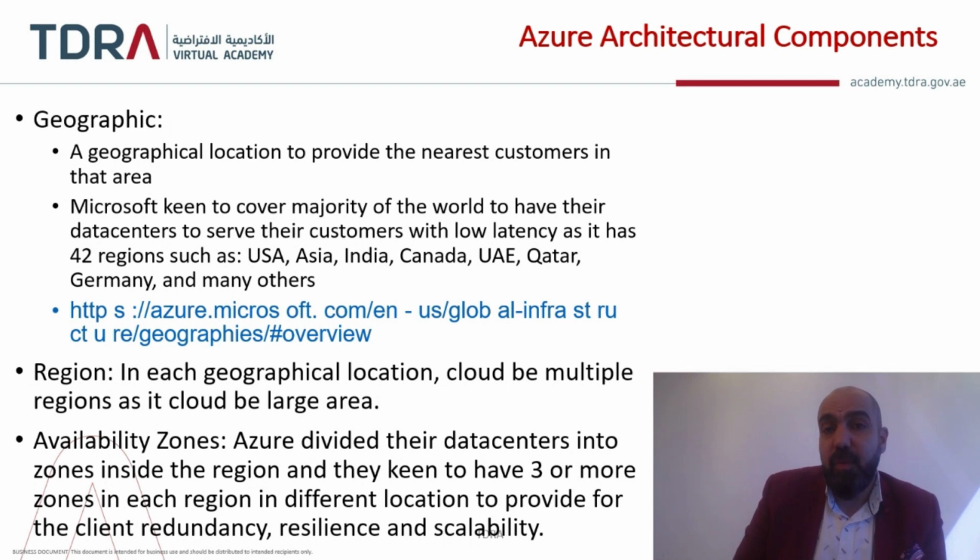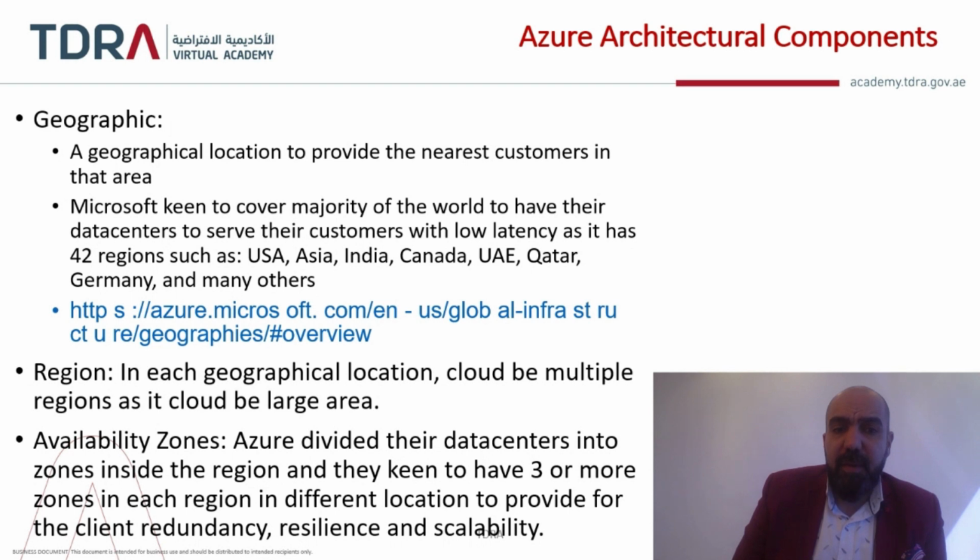But when it comes to the USA, because it's a very big country, you might find that Azure divided it into 3 or 4 regions to better serve the clients. But here in the UAE, it's one region, in Dubai, and that's it, because the UAE is a small country.